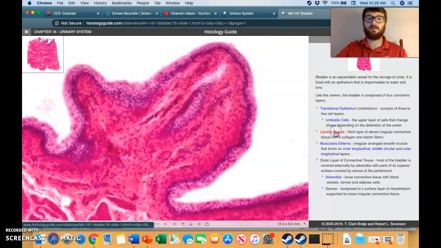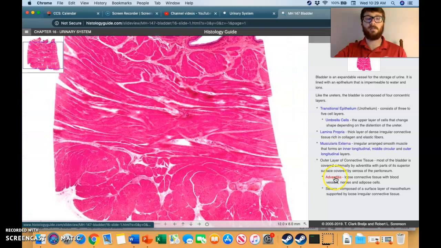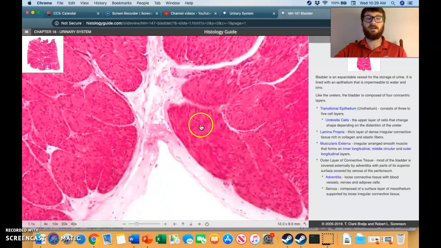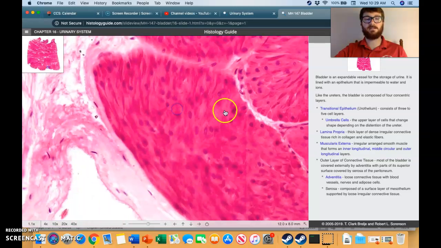You also have some of the other layers we didn't necessarily talk about, but you can see how unique its makeup is, and how each of these purple dots is a cell which makes it up.